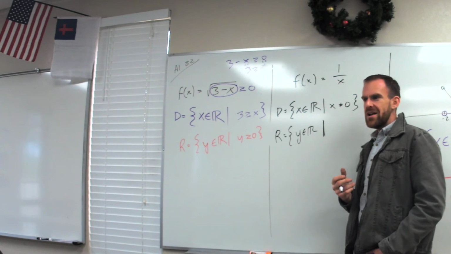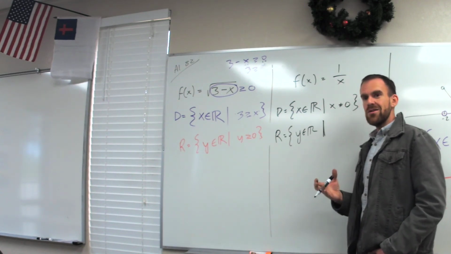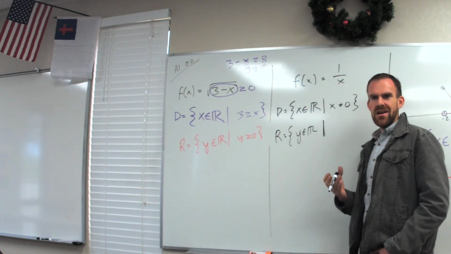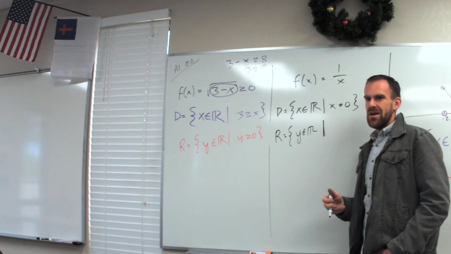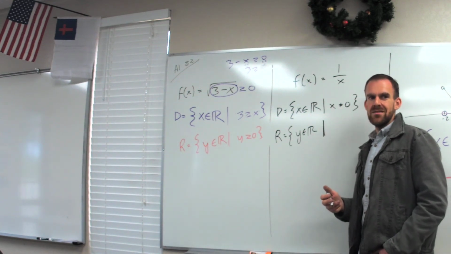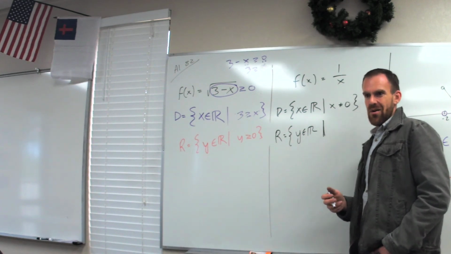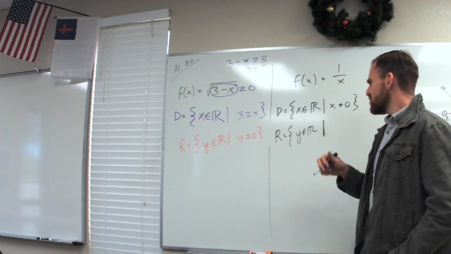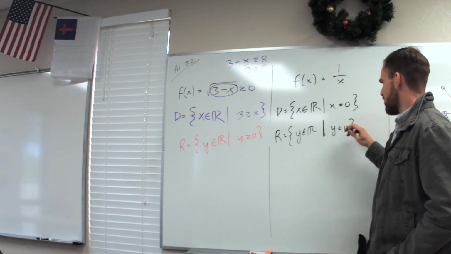Because 1 divided by a number will never equal 0, but it can equal everything else. 1 divided by 2 is 1/2. 1 divided by 1/2 is 2, and so on. So you have to think these through a little bit. In this case, y cannot equal 0.